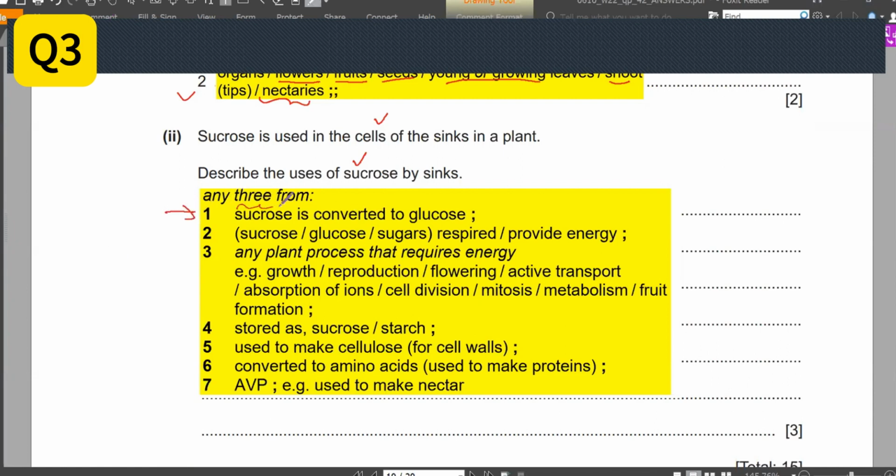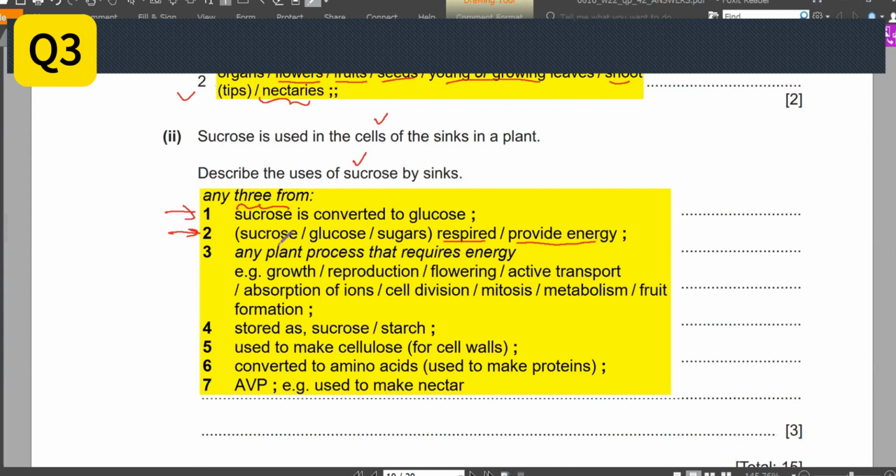Sucrose itself is not that active. It cannot be used directly as an energy source, so it's more suitable for transport. When we actually want to use it, we convert it to glucose. Then it can go through the respiration process to produce energy.